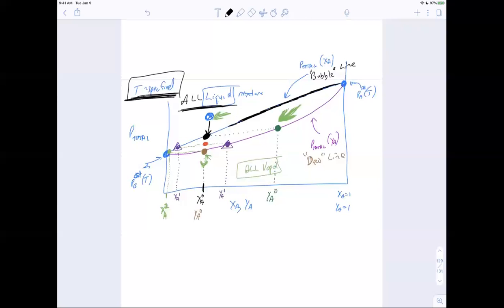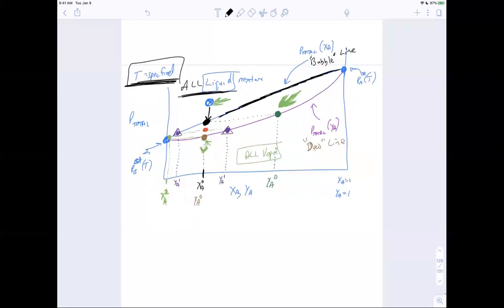Then the variation of the total pressure with the vapor composition is given by that purple or magenta curve, which has curvature. That's because the dependence of P total on Y, the vapor phase composition, is not linear. It's a 1 over Y dependence, and so you have some curvature to that.